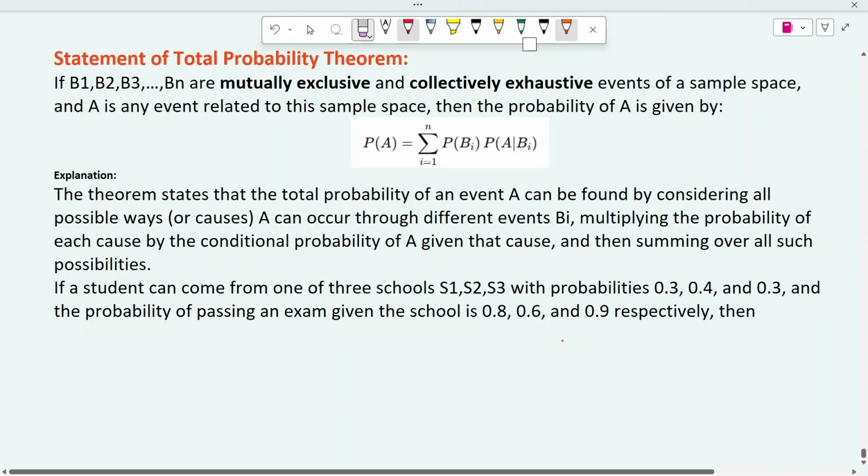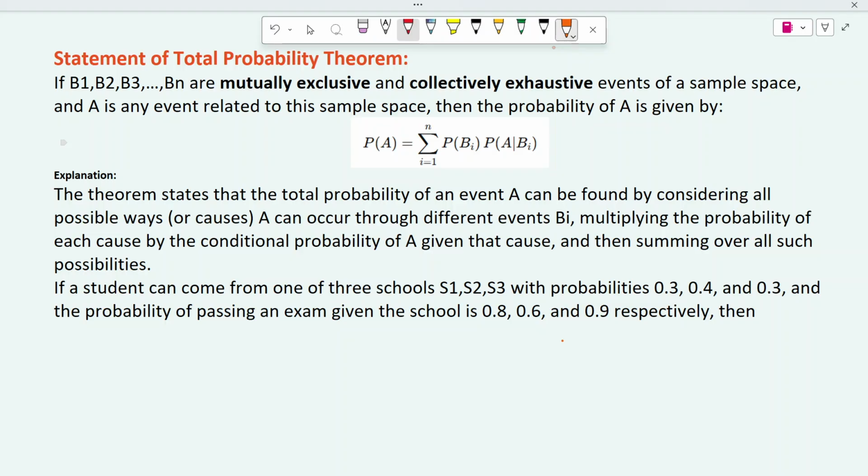A given bi is nothing but a conditional probability: given that event bi has already occurred, the probability of occurrence of event A is the probability of A given bi.